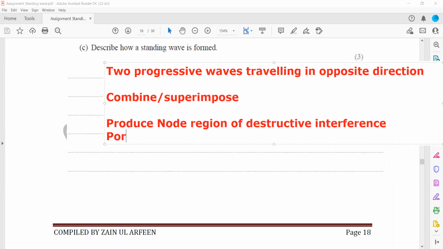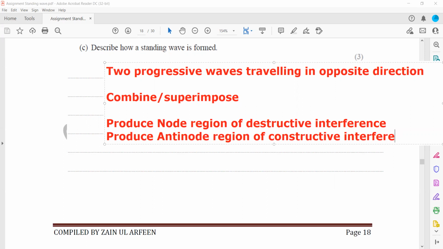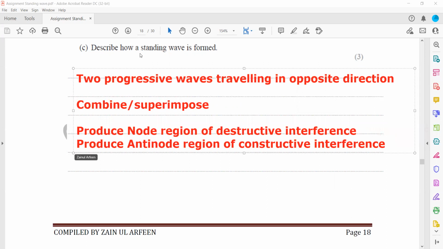And they produce antinodes, regions of constructive interference. So this is always the answer whenever they ask how standing waves are produced.